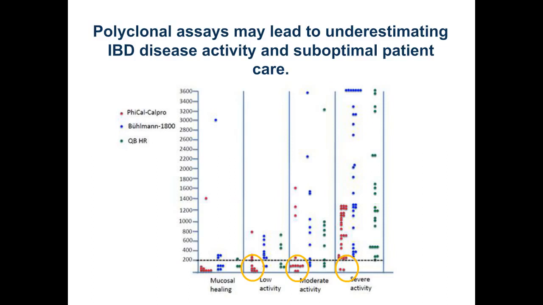But look here, with low activity to moderate activity, this is where we do medical decision making in these patients. The polyclonal kits reach way too low to be actually useful in determining disease activity in these patients. And this is where the advantage for the monoclonal kit comes in, where I can then determine that there is subclinical inflammation in this patient.